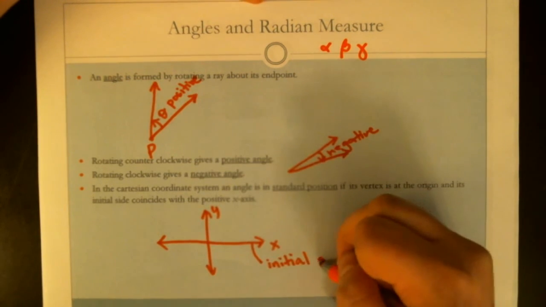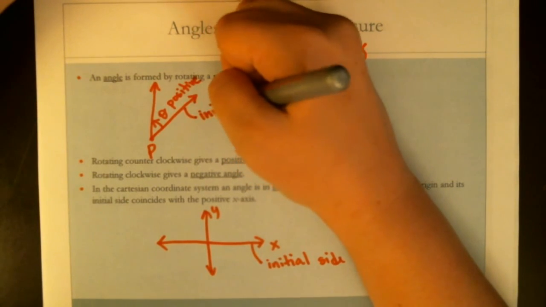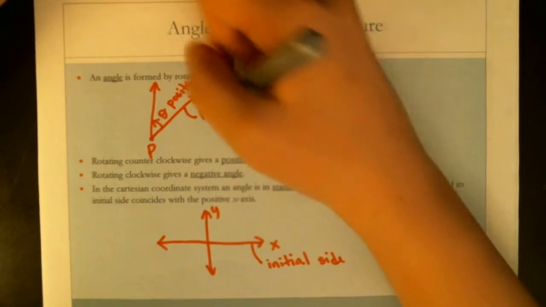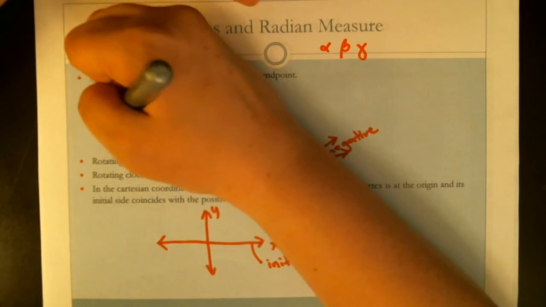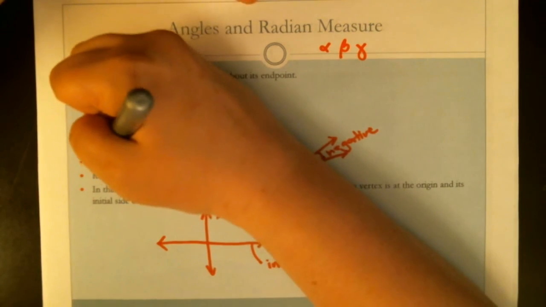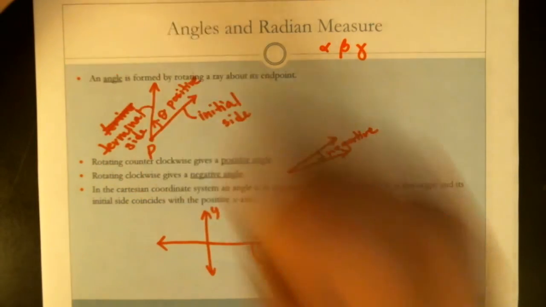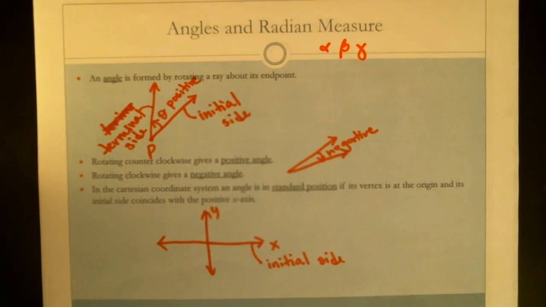I guess I should label this up above as well. So with any of these, we always have an initial side where the ray starts, and we have a terminal side where the ray ends. Terminal. There we go.